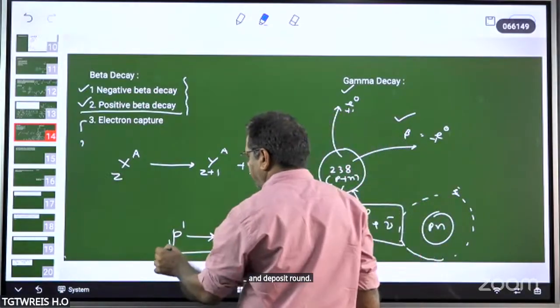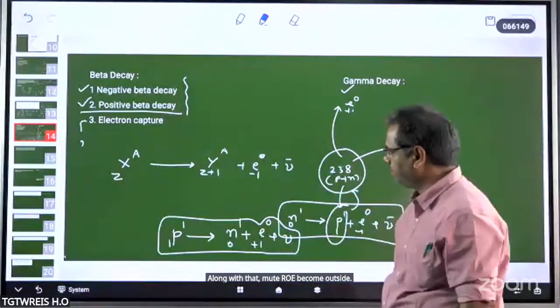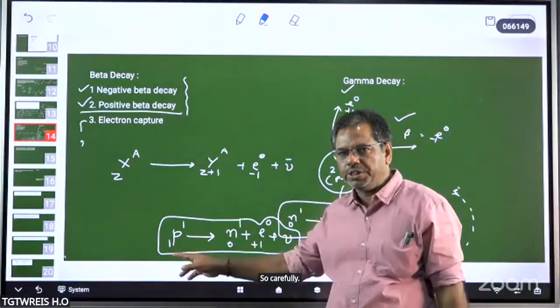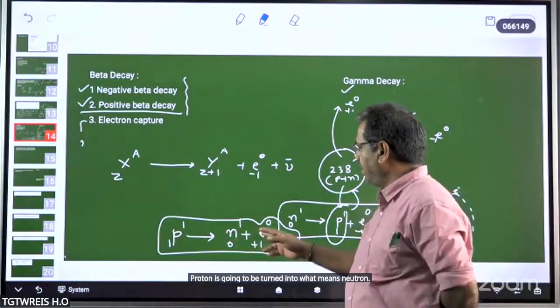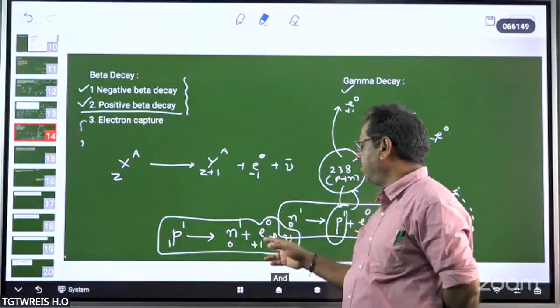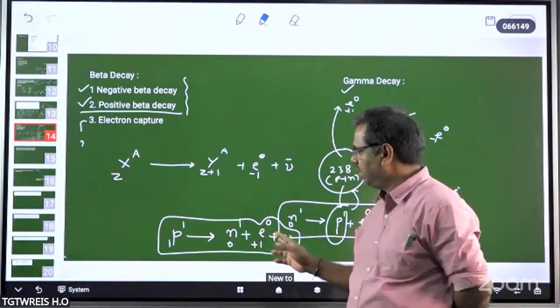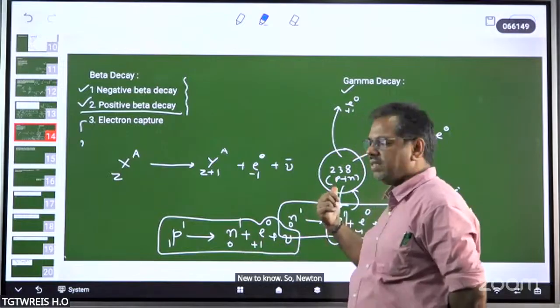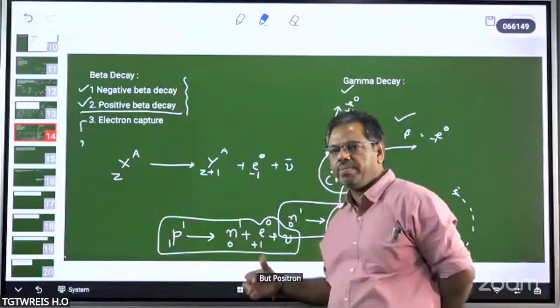Along with that, a neutrino comes outside. Check carefully. A proton is turned into a neutron, and as a result you get a positron as well as a neutrino. The neutron remains within the nucleus itself, but the positron as well as the neutrino come outside.